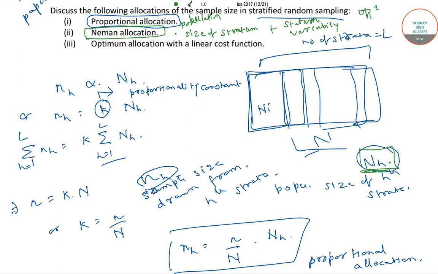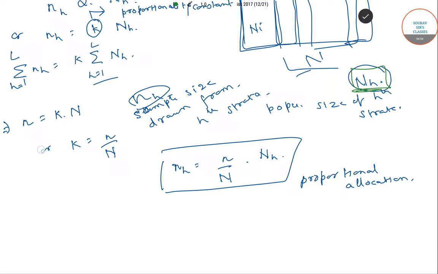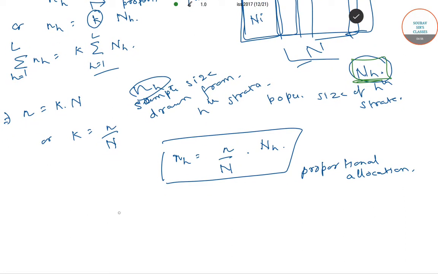So in Neyman's allocation, we take into consideration both the population size of the stratum and the stratum variability, denoted by sigma h square. Here our small nh, the sample size drawn from the hth stratum, is proportional to capital NH into sigma H, where capital NH is the population size of the hth stratum and sigma H square is the stratum variability.